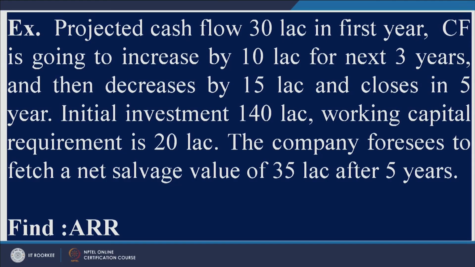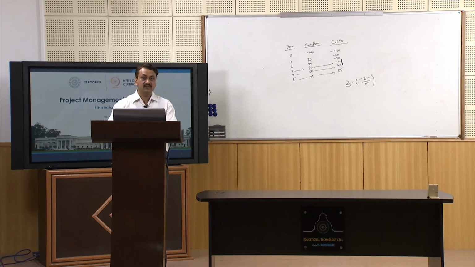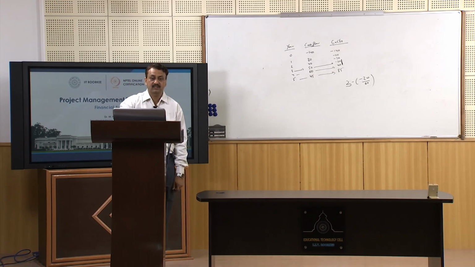Initial investment is 140 lakh, working capital requirement is 20, and net salvage value is 30 lakh after 5 years. You need to find out the average rate of return, and the formula is already available with you. I hope you would be able to solve this question. I am not going to solve it, you just do it.